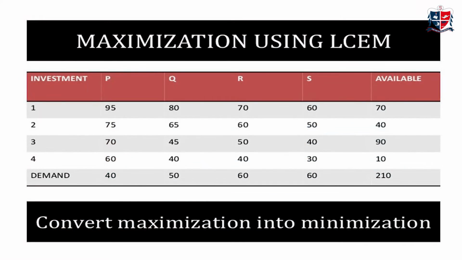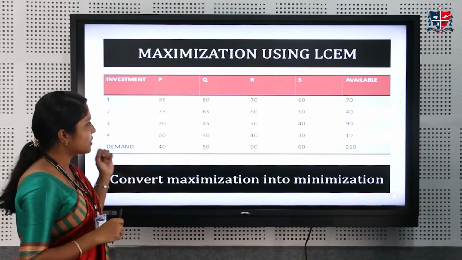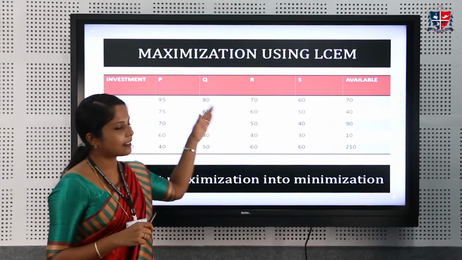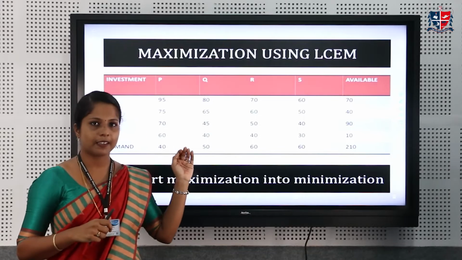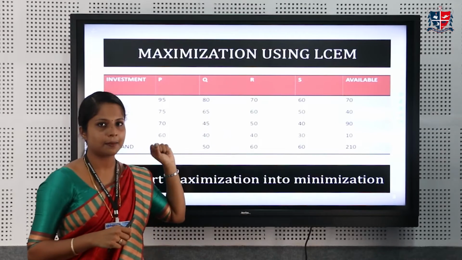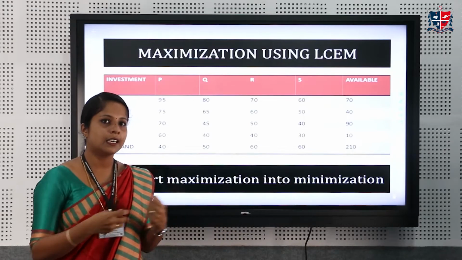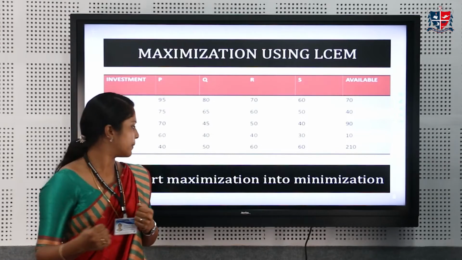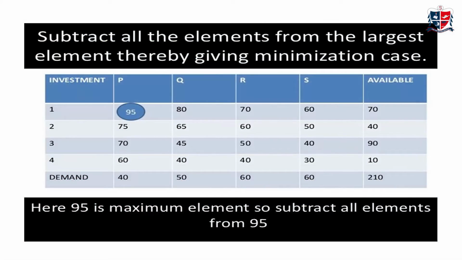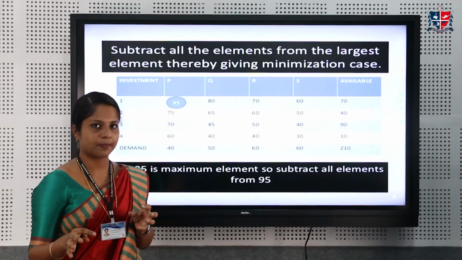Next is maximization using the least cost entry method. Maximization means the matrix will be a payoff matrix, that is, profit is included in the matrix. For solving this type of problem, we have to convert the problem into a minimization problem. For converting, we select the largest element and subtract all the elements from it, including itself.